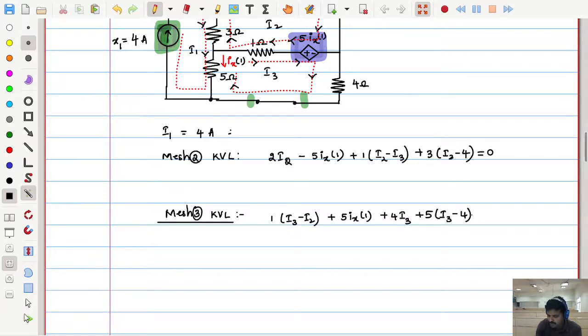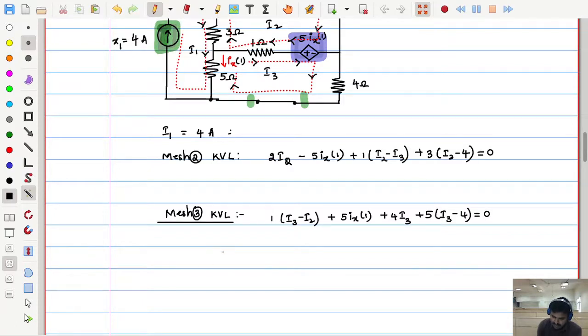I1 is 4, so directly I am writing this. Now try to observe in both equations Ix1 is there. Let us try to eliminate Ix1, or you can keep Ix1 also, so that I2, I3 and Ix1 are 3 unknowns and 3 equations means we need one more equation.